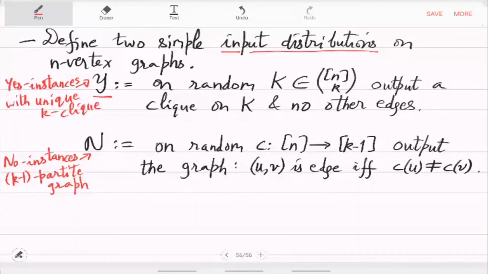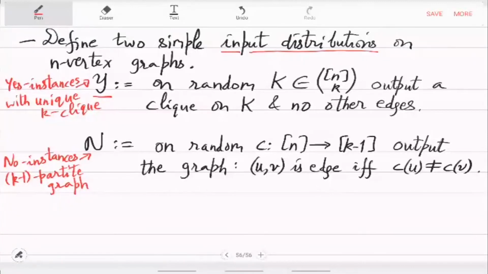Can it have a k clique? Well, it cannot have a k clique, right, because there are only k minus 1 parts, but it has a lot of k minus 1 cliques. Right, if you pick vertices one from each of the k minus 1 parts, then all possible edges are present.